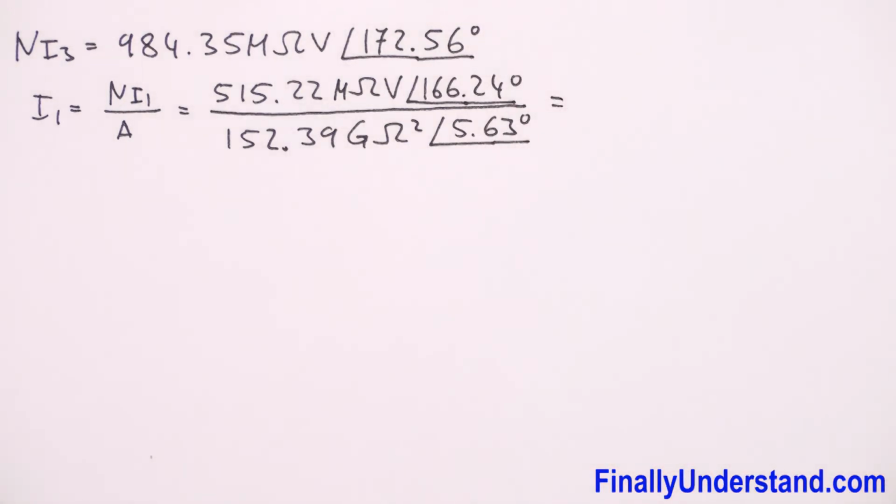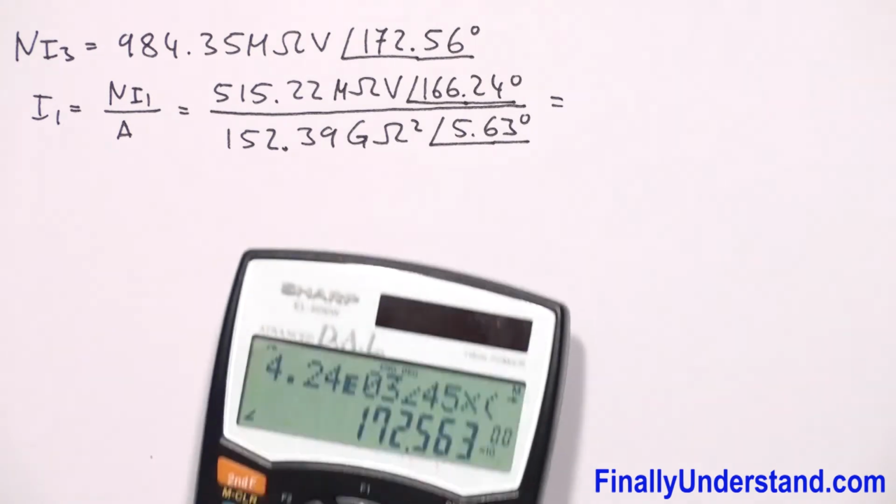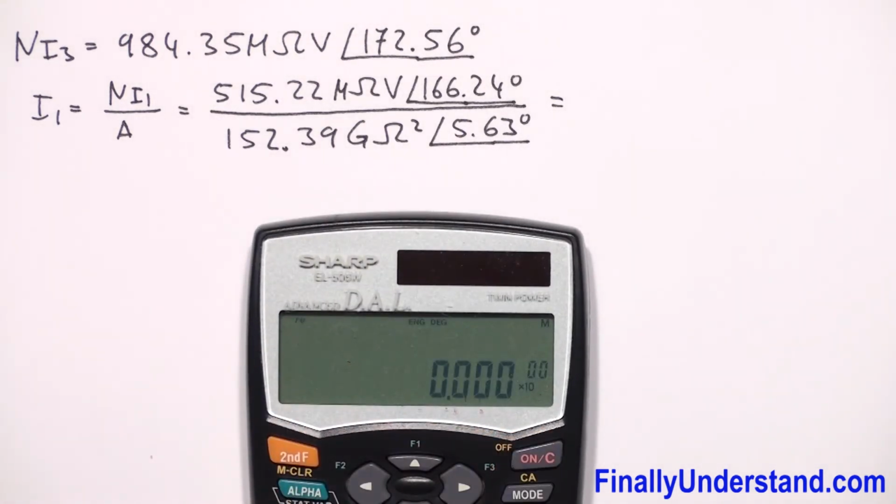So now let me use the calculator. Okay, so we have 515.22 exponent 6 and angle of 166.24 divided by 152.39 exponent 9 and angle of 5.63.